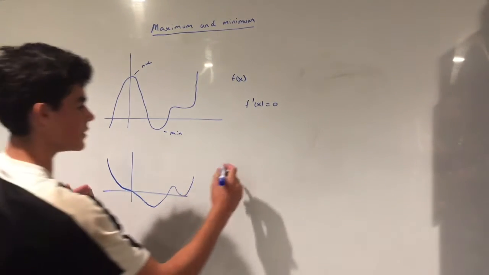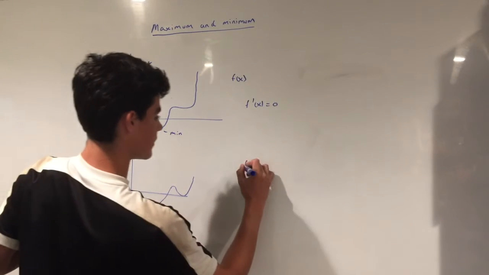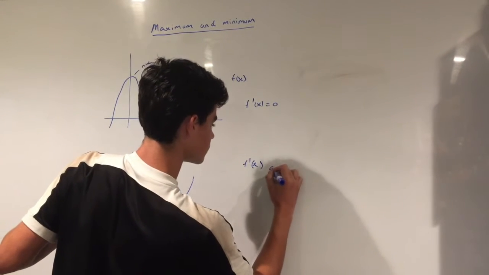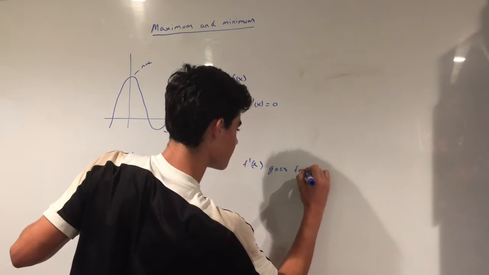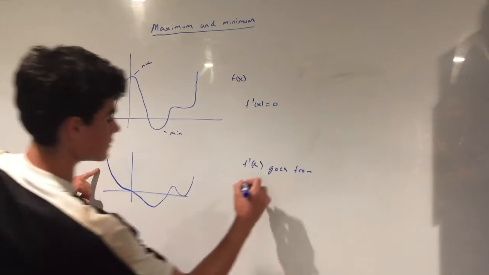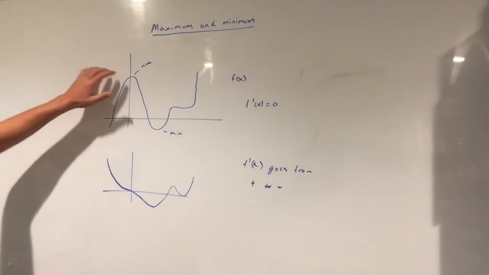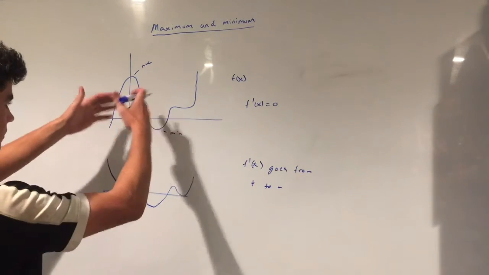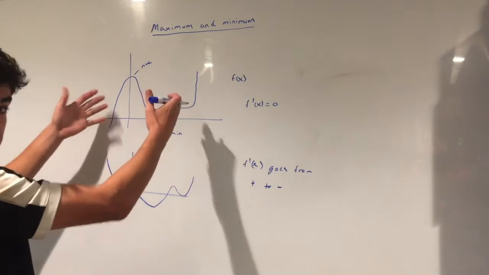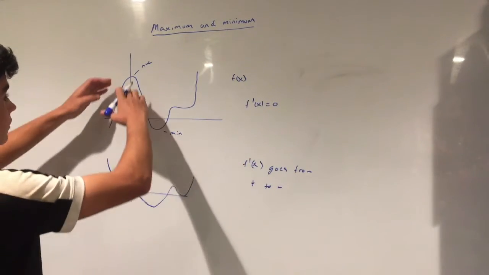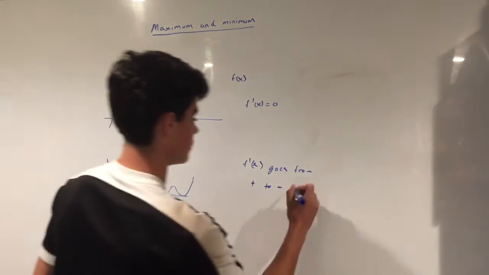So it will always be a maximum when the f prime of x goes from positive to negative. The critical point, which is when f prime of x equals 0, will be at a maximum.